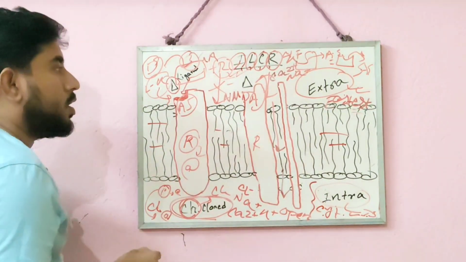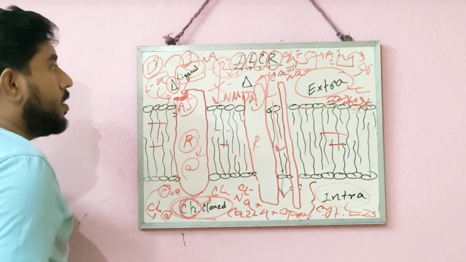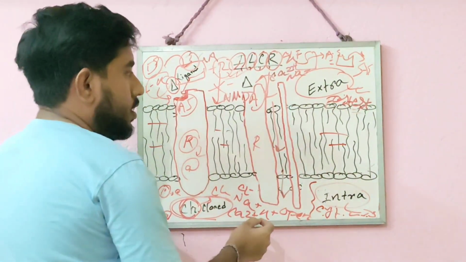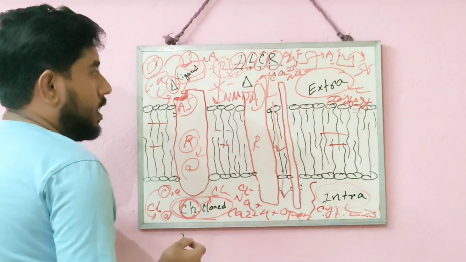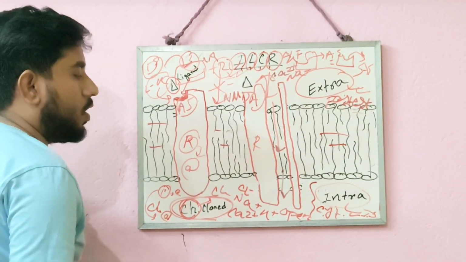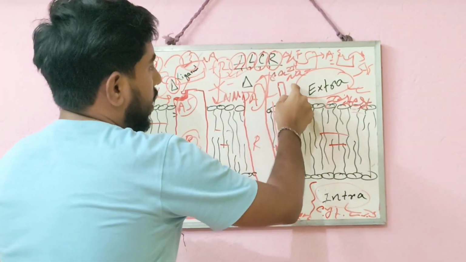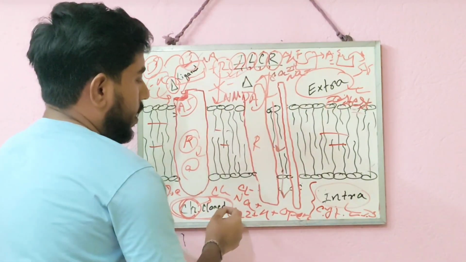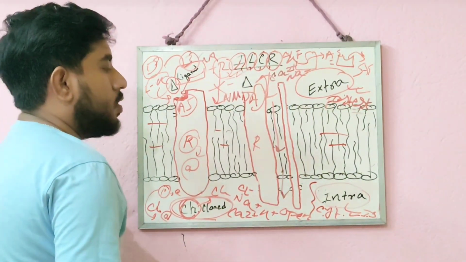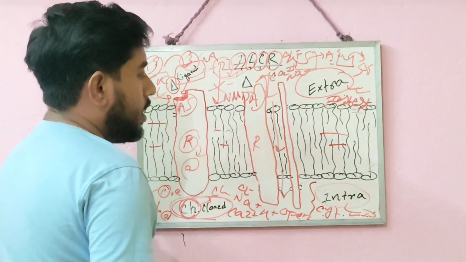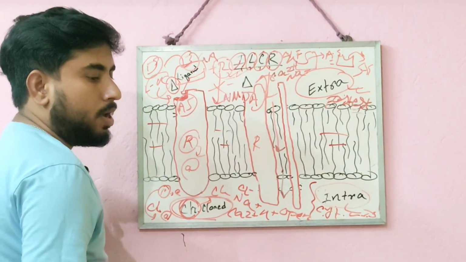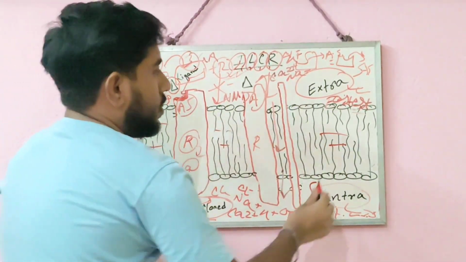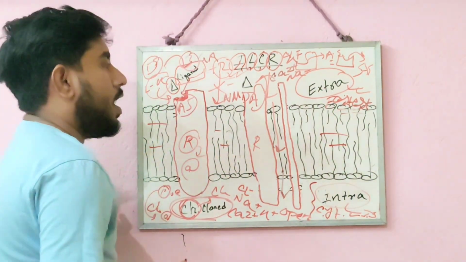When the protein and receptor both get activated by the addition of ligand, that leads to the opening of different channels present in the intercellular part of the membrane, and it leads to the influx or entry of different ions inside the cytosol, like calcium, sodium, potassium, chloride, etc. That influx of ions leads to the depolarization of the cell, and this depolarization leads to the production of an intracellular electrical response, and that response shows the fastest reaction or faster action than the other receptors.